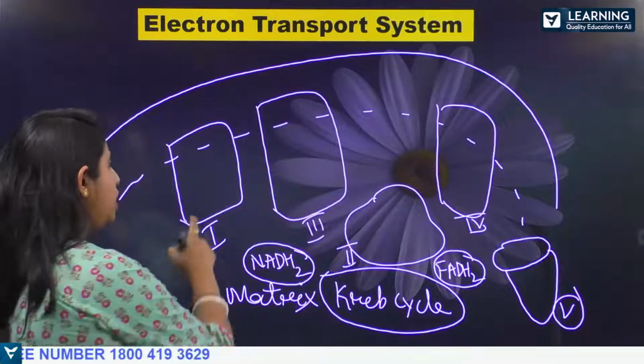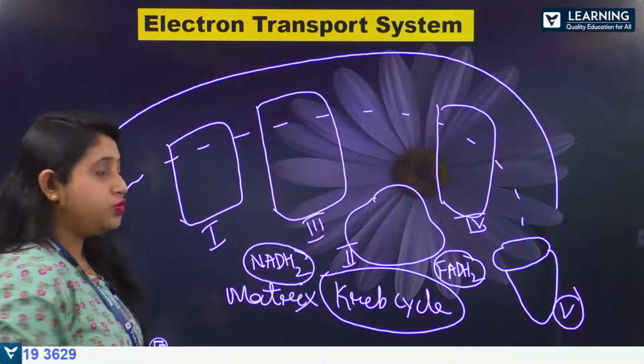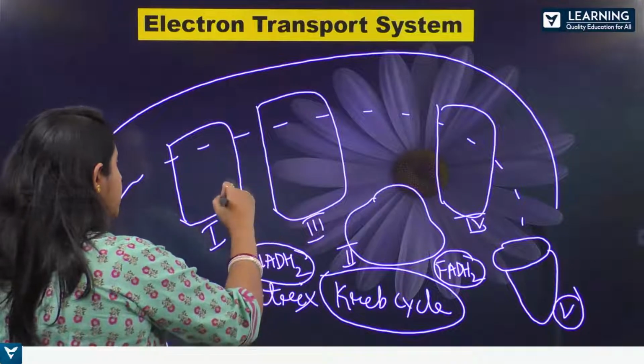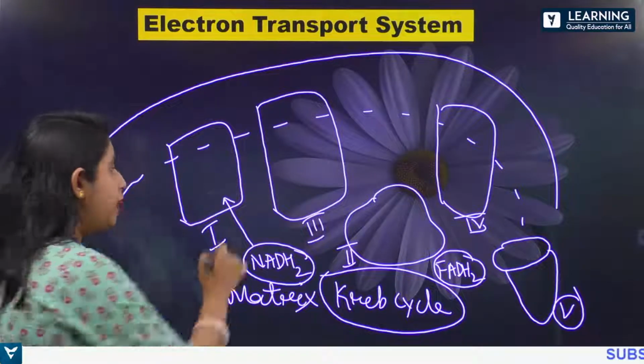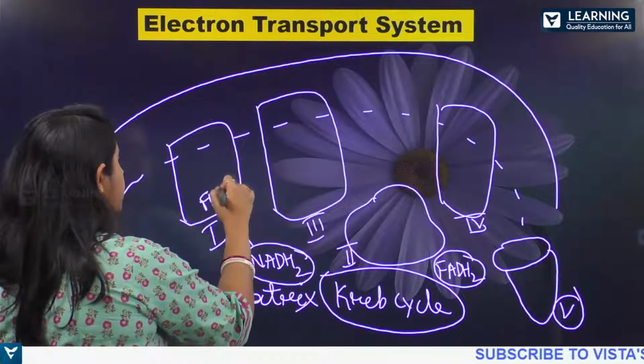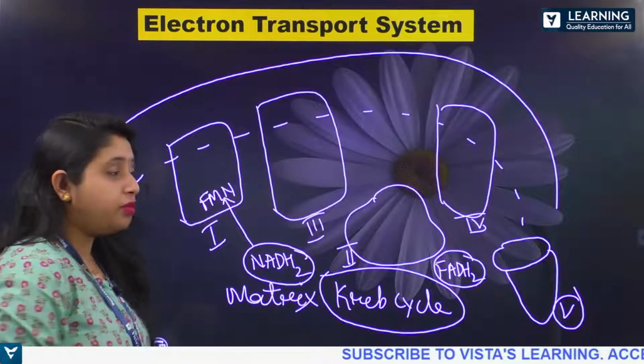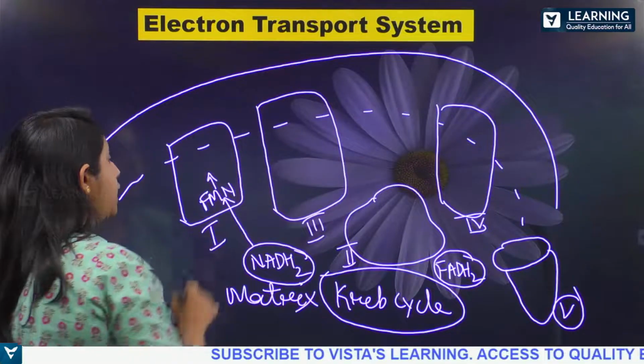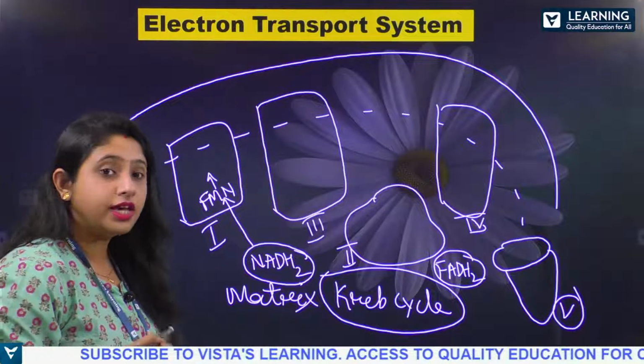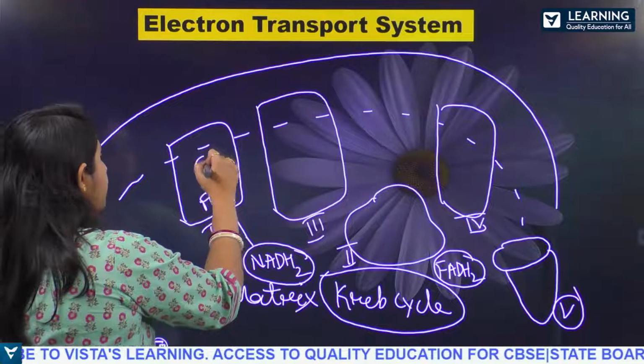Clear? Now next, the NADH which is formed here leads to the production of FMN. From this FMN, the electrons get further excited and form FeS.